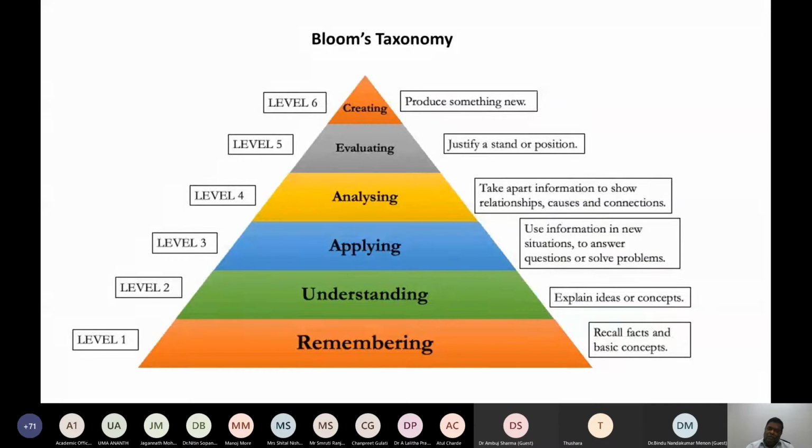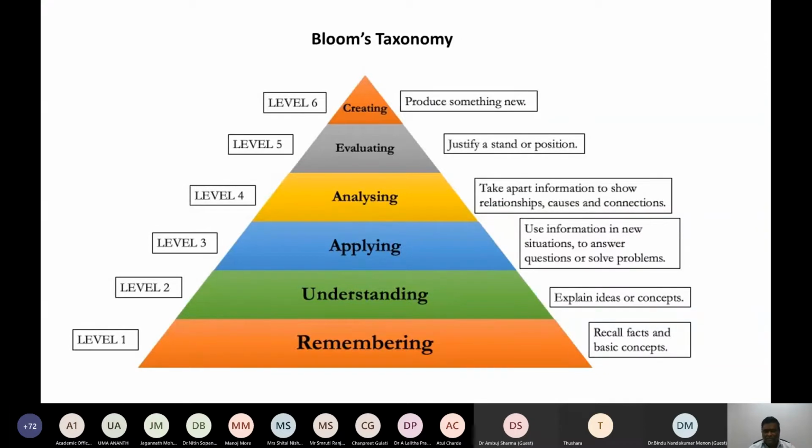So how we can use this model in our classroom, we have to ensure that the students go from the lower level to higher levels. Level 1 and level 2 are very easy to achieve, but the challenging aspect here is how to push our students into level 3, 4, 5, and 6. That's the challenge.